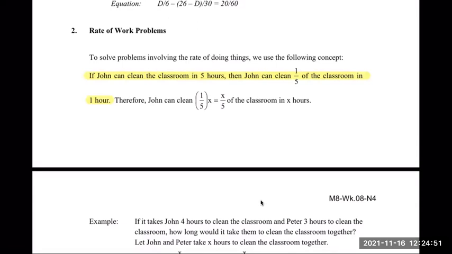Because John can clean the whole classroom in 5 hours, that means each hour, John can clean 1/5 of the classroom, okay? Therefore, John can clean 1/5 times x, which is equal to x over 5 of a classroom in x hours. This should be pretty easy to understand, right?